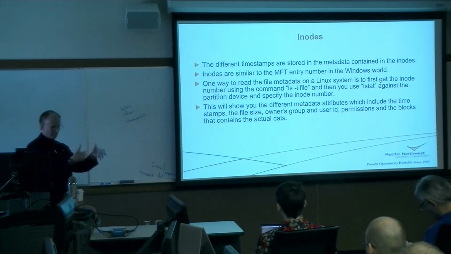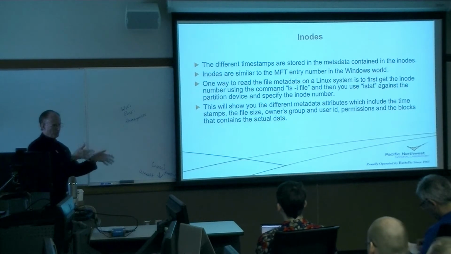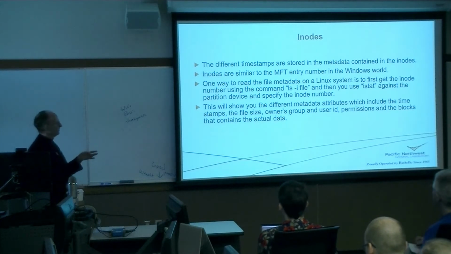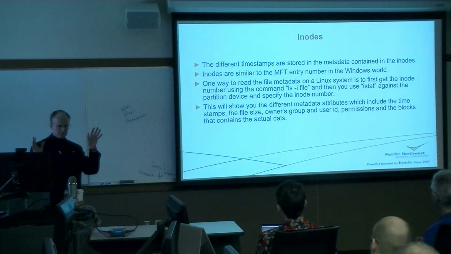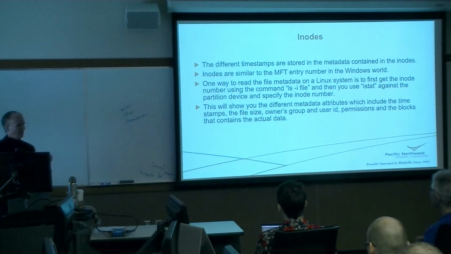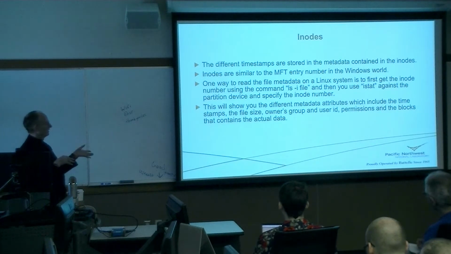When you create a file system on a disk, you create inodes, and they're sprinkled around in various portions of the disk. They have a fixed size. To give a complementary idea from the Windows world, there's a thing called the MFT, the master file table, and entries in the MFT are sort of like what an inode is.